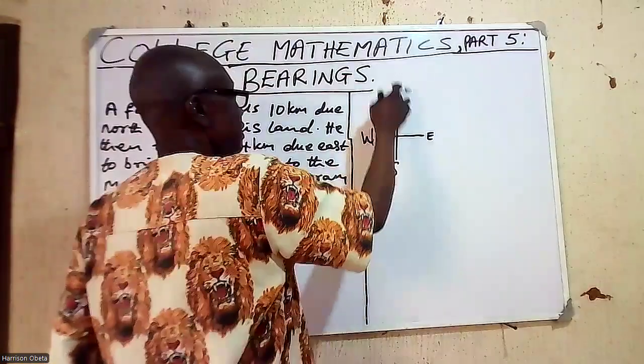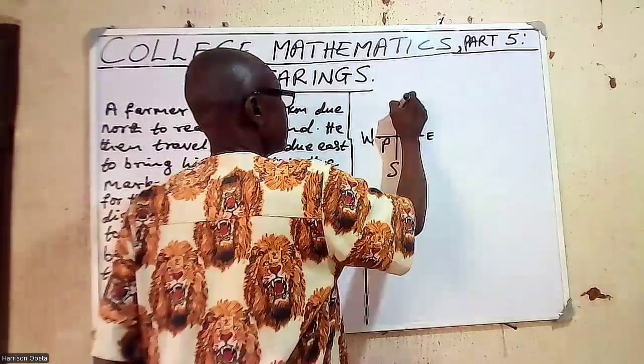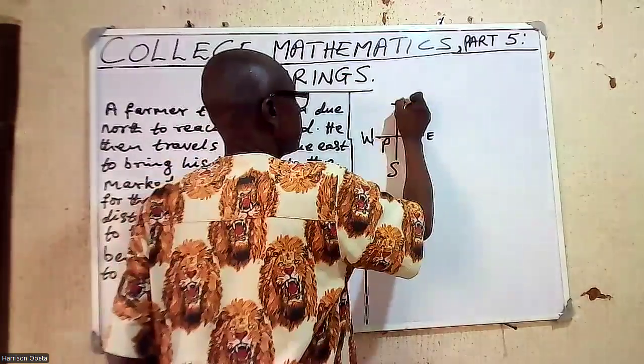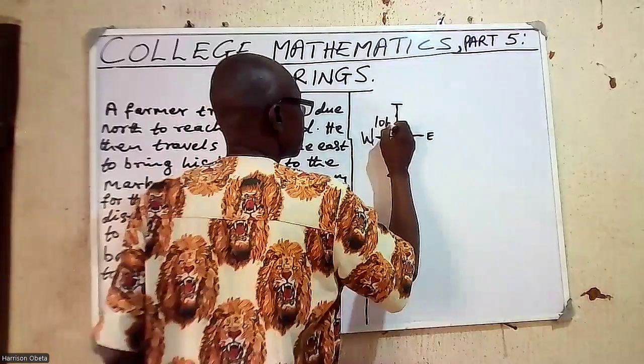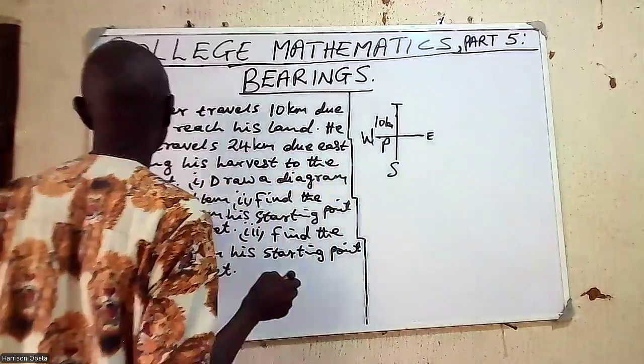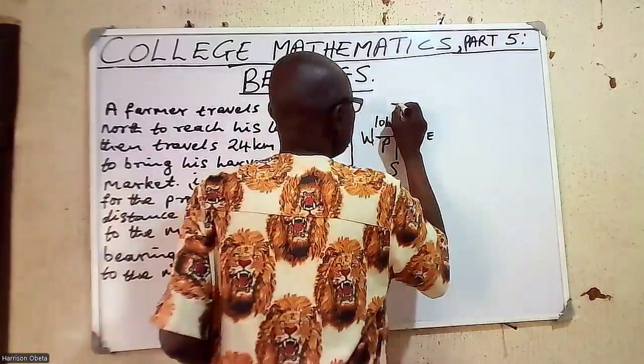Due north is directly through the north. So we have this, and that's after 10 kilometers. He stopped and then travels 24 kilometers due east.